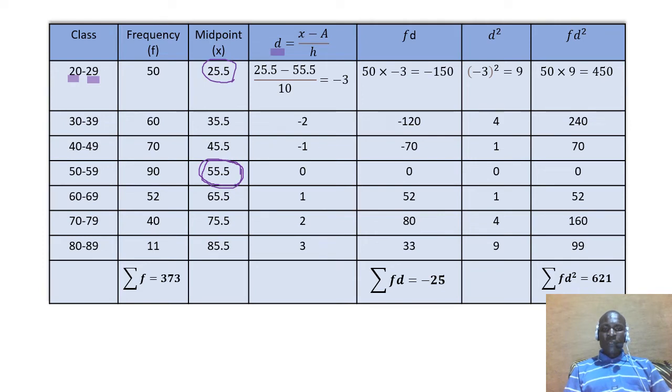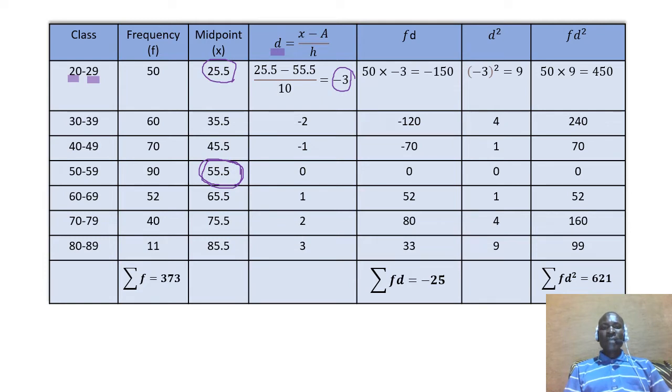Now 25.5 minus 55.5 gives us negative 30. You can confirm that with your calculator. And negative 30 divided by h, h we said is 10, gives us negative 3. That is how we get this -3.